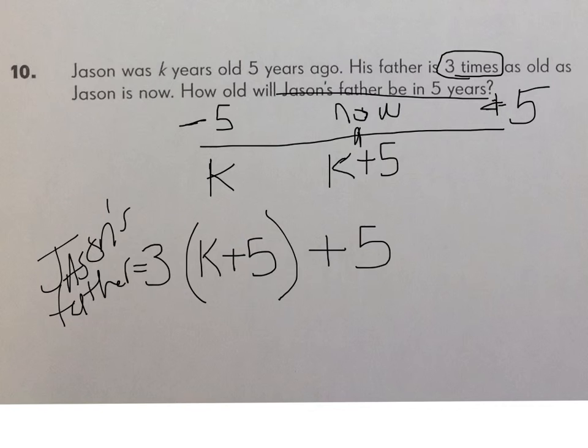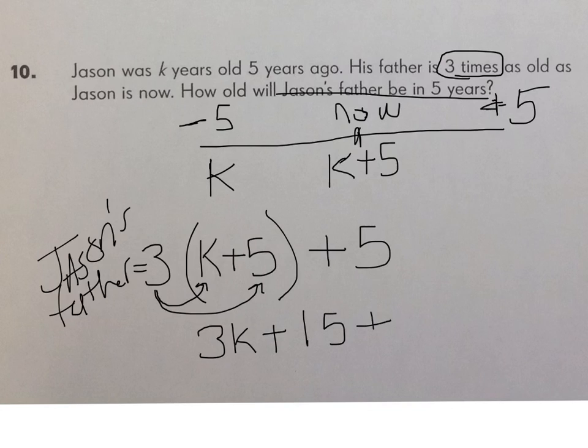Now, one thing we haven't done a lot about: when you have a multiplication with parentheses like this, you multiply 3 times this, and 3 times that. All right, so 3 times K is 3K, plus 3 times 5 is 15, and then I add my 5.